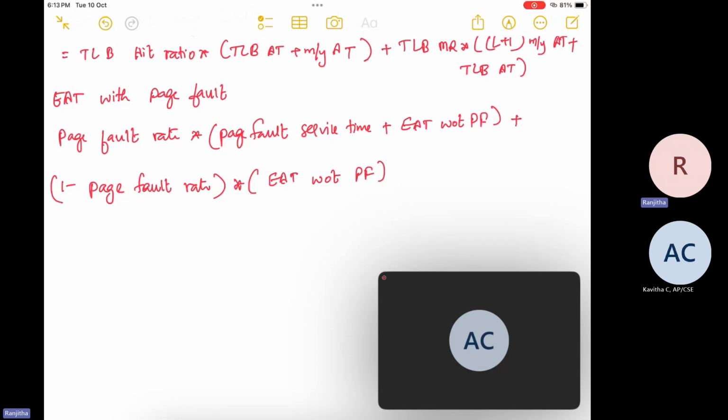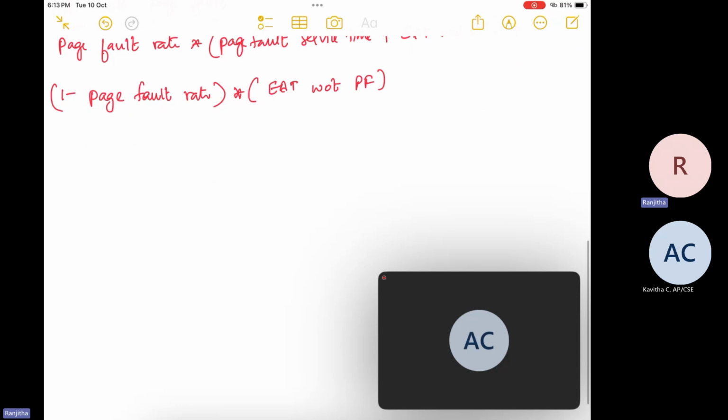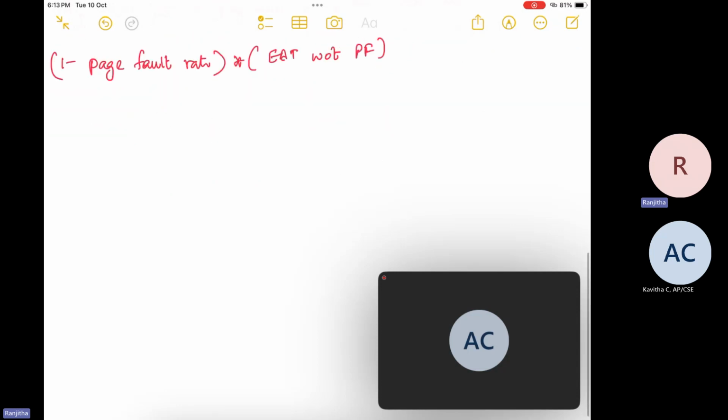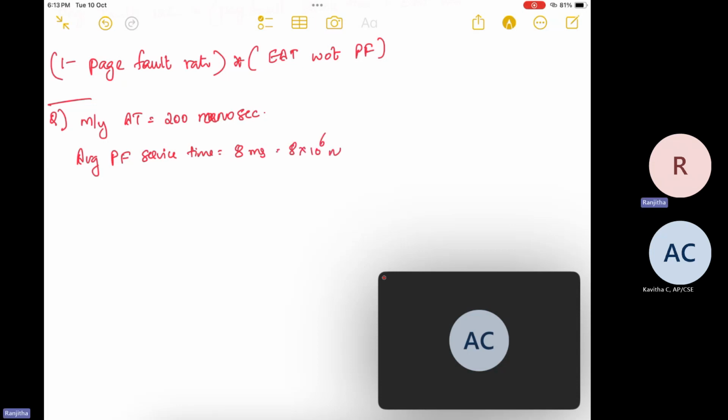Okay. So in the lecture there is an example that is discussed. Let's take a quick look at it. So assume that the memory access time is given as 200 nanoseconds and average page fault service time is 8 millisecond, which is 8 into 10 power 6 nanoseconds.